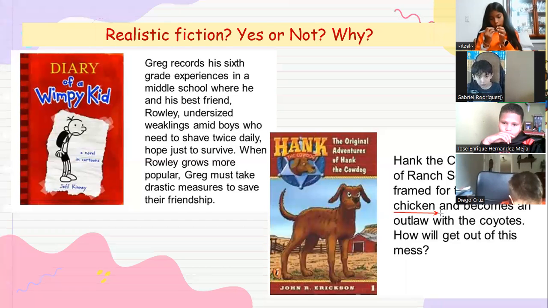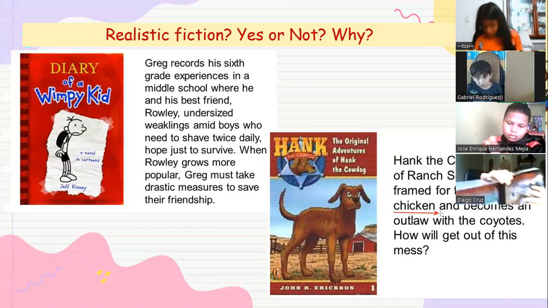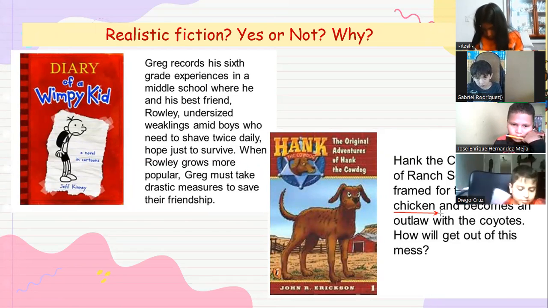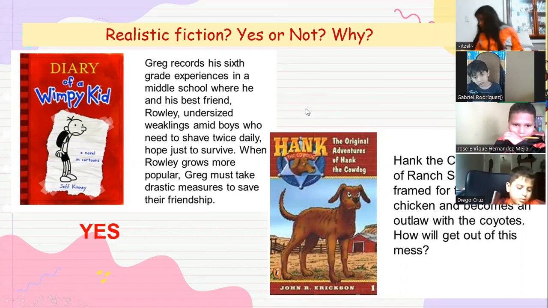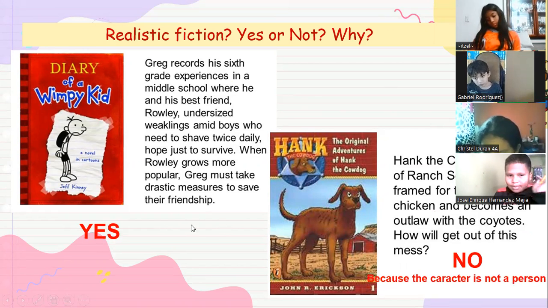And he is analyzing all the animals on the farm: the cow, the dogs, other chickens, and finally a coyote. Dogs don't do that. They are not investigators. Okay, so this one is yes, and this one, no.